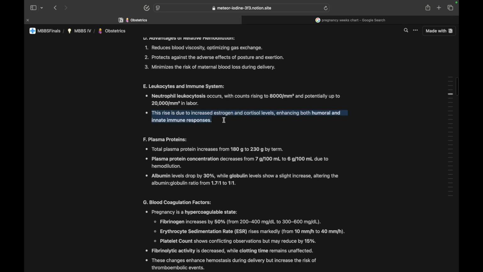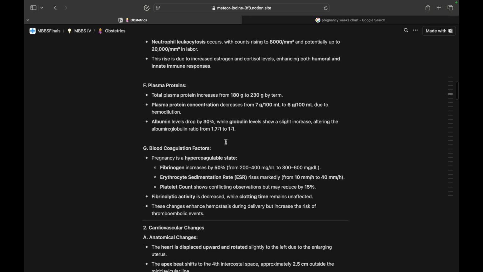This rise is due to increased estrogen and cortisol levels, which are the main thing responsible for this, enhancing both humoral and innate immune responses. Plasma proteins: total plasma proteins increase from 180 grams to 230 grams.